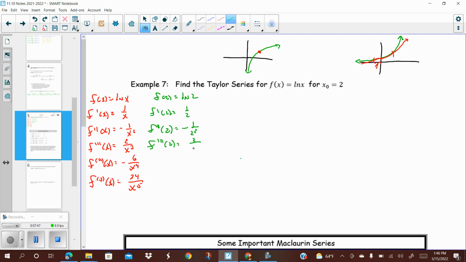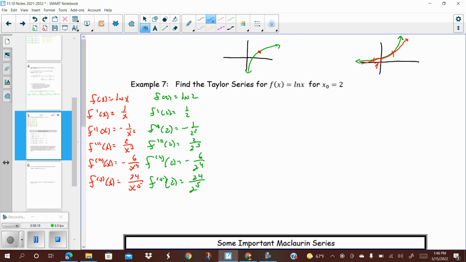Positive 2 over 2 cubed. And again, there is a reason that I'm writing it like this. Fourth derivative at 2. Negative 6 over 2 to the 4th. Fifth derivative at 2 is 24 over 2 to the 5th power. Okay, the reason for writing it like that is because it's going to be easier for us to start developing this pattern as we go.